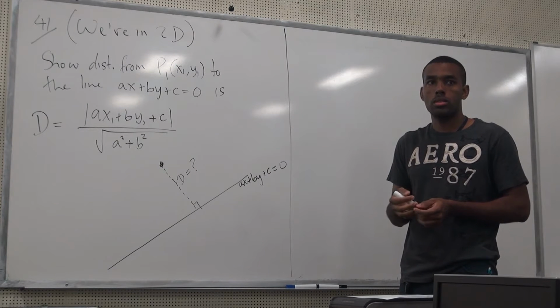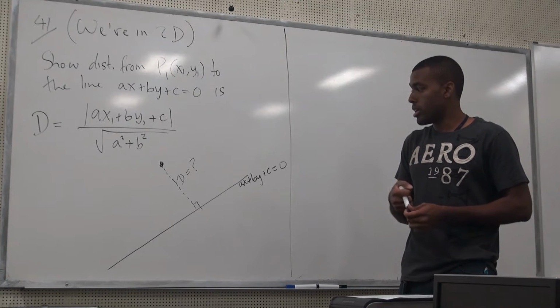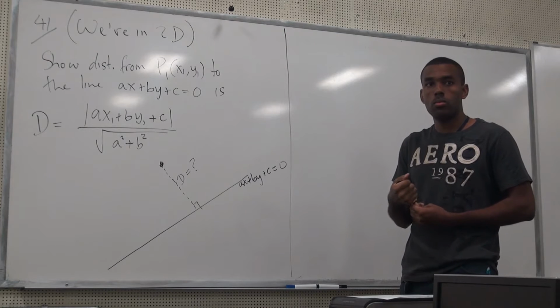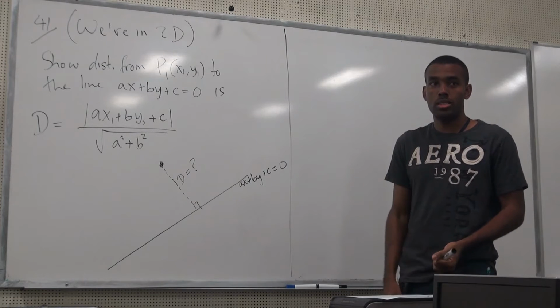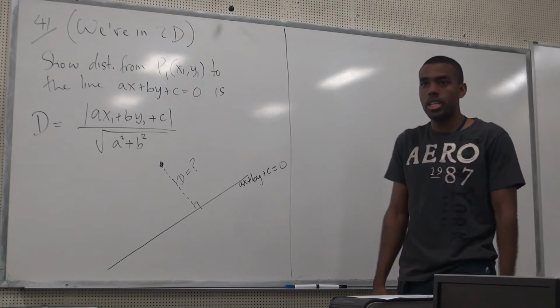It kind of looks like a projection of a line of vectors. You can sort of look at it as a projection. What projection would you want to do? Would we need a vector projection or a scalar projection? Scalar projection, because we want a distance, we want a magnitude. Scalar projection onto what?